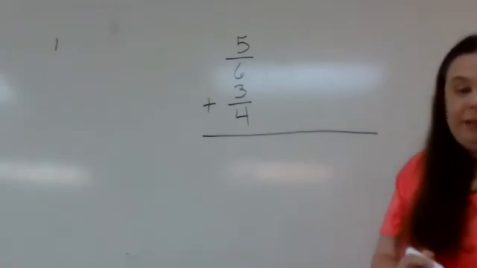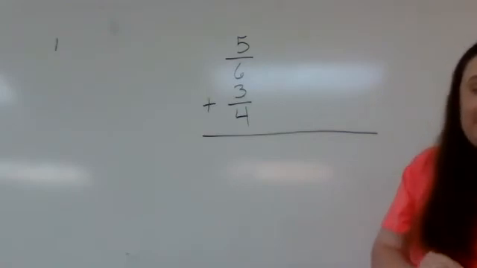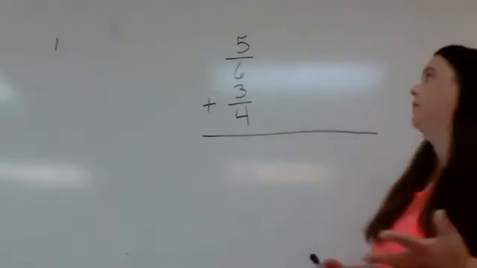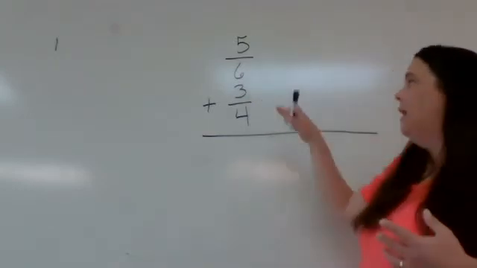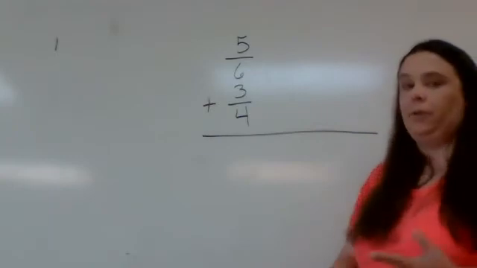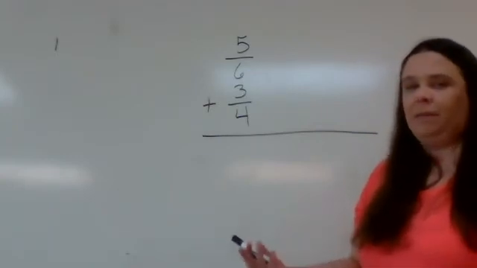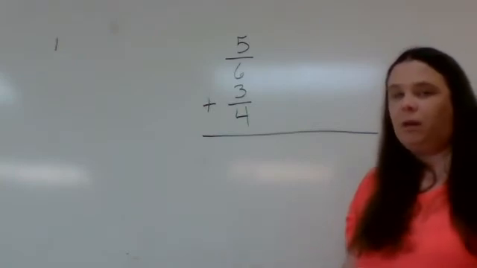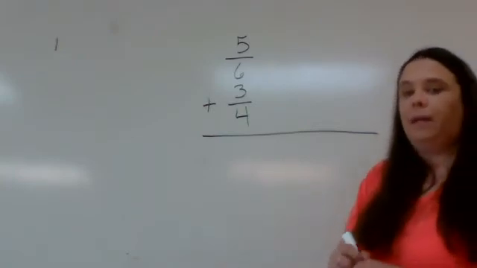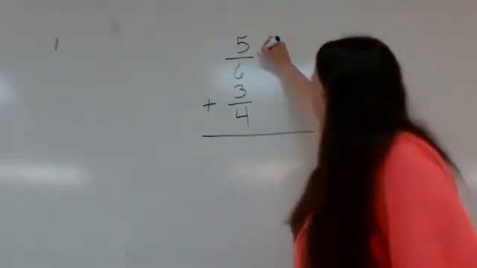I don't think I said that earlier. But now these become a little bit harder, because what is a number that both 6 and 4 will fit into? I'm going to say 12, because think about it. 6 times 2 is 12, 4 times 3 is 12, so 12 will be my new denominator.